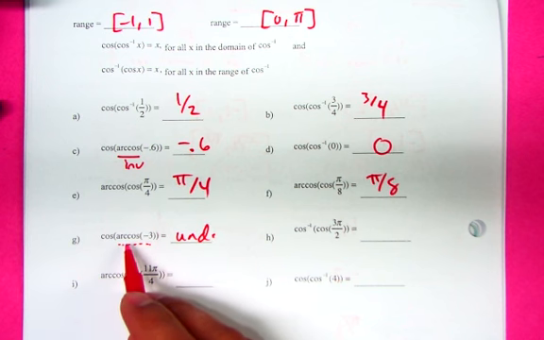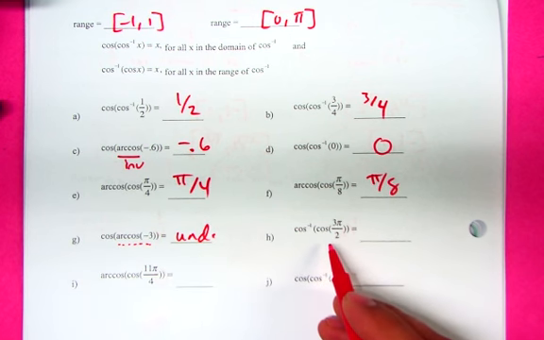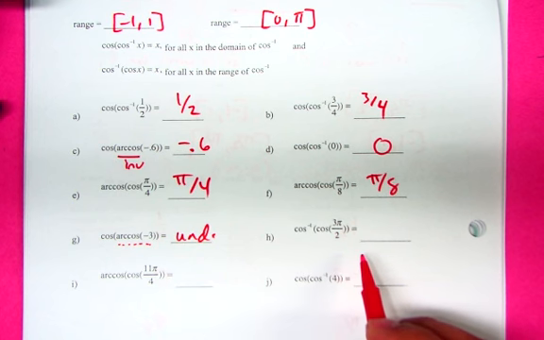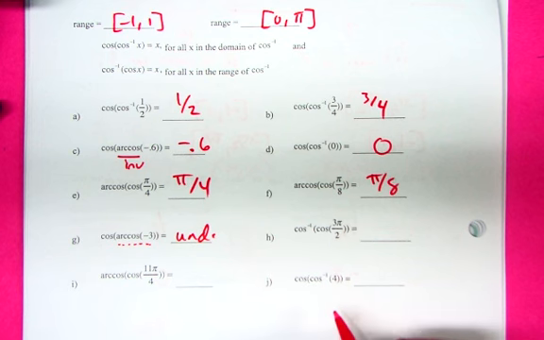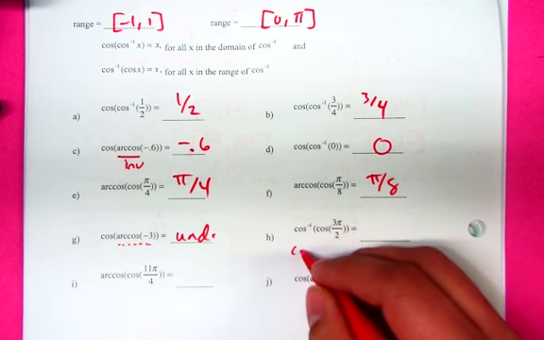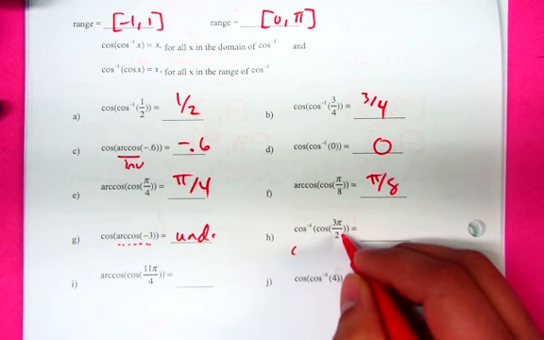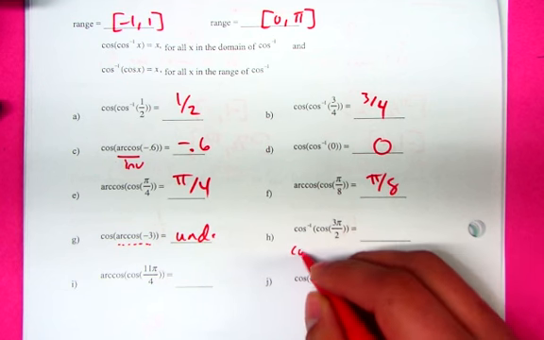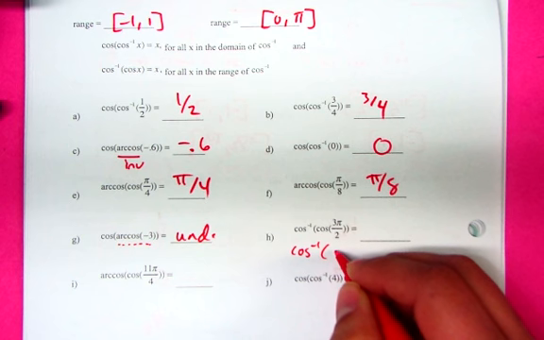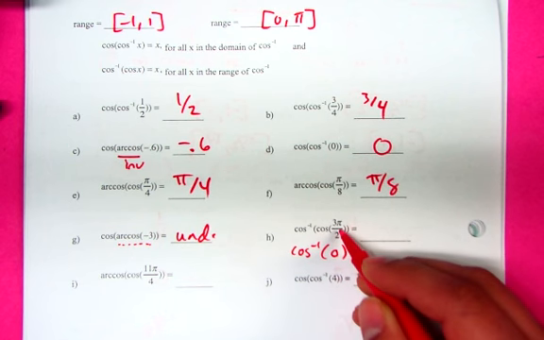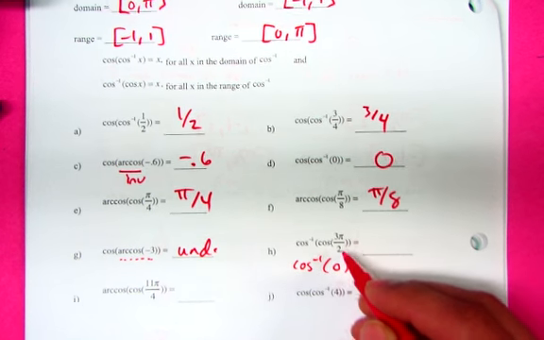Like if we look at this one now, let's see. What's up? You got it? All right, awesome. I got 1, because cosine of 3 pi over 2 is 0, right? Cosine of 3 pi over 2 is 0, yes. And you have to figure that out because 3 pi over 2 is not in this window.